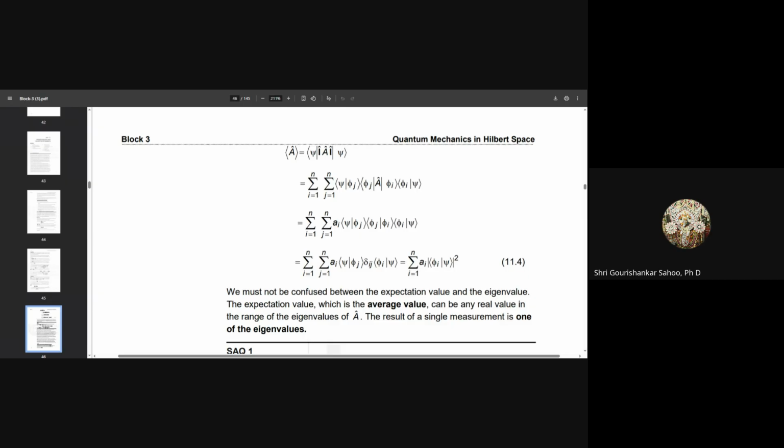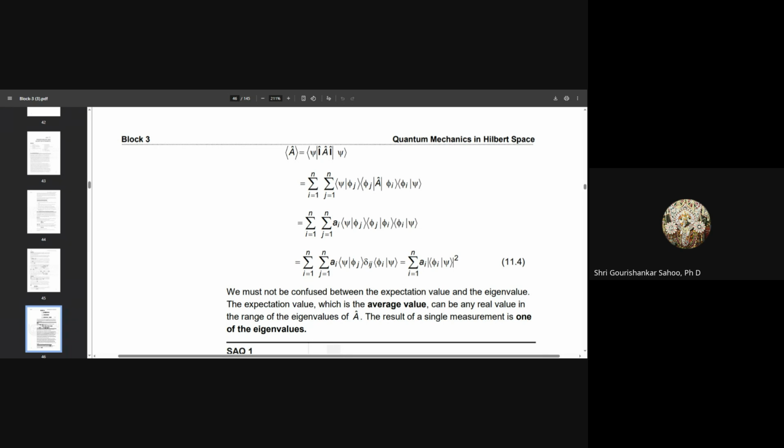So we must not be confused between expectation value and eigenvalue. The expectation value, which is an average value, can be any real value in the range of the eigenvalues of Â. The result of a single measurement is one of the eigenvalues. So if you measure the energy of an electron, it will give you one of the eigenvalues of the energy.